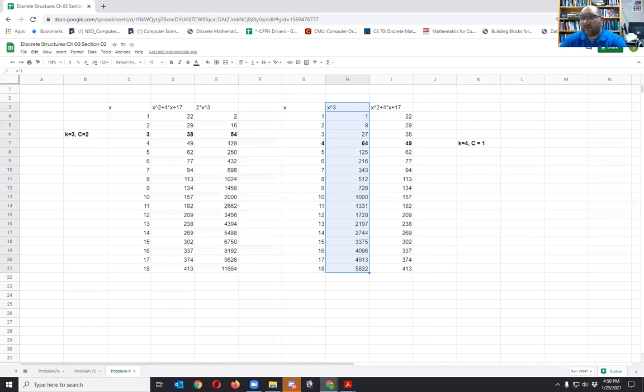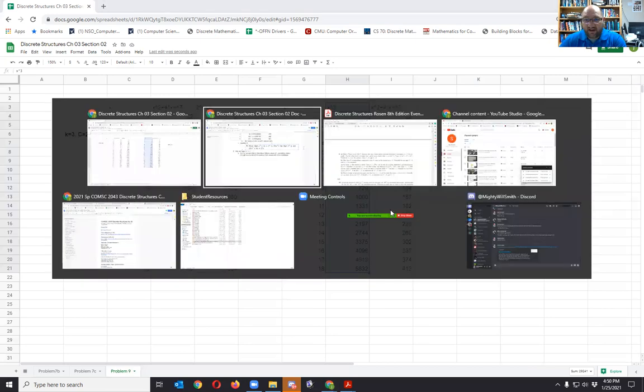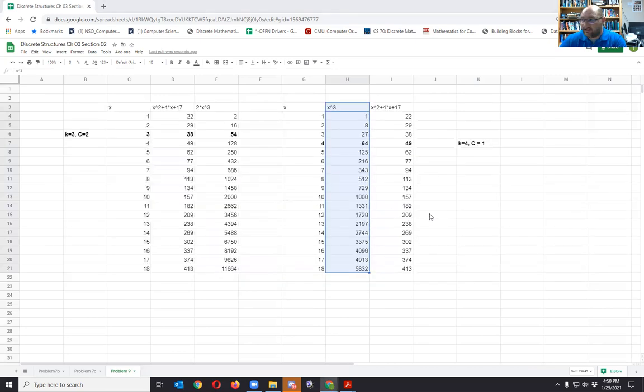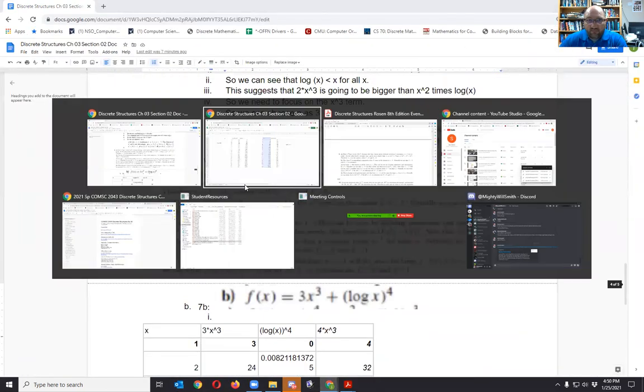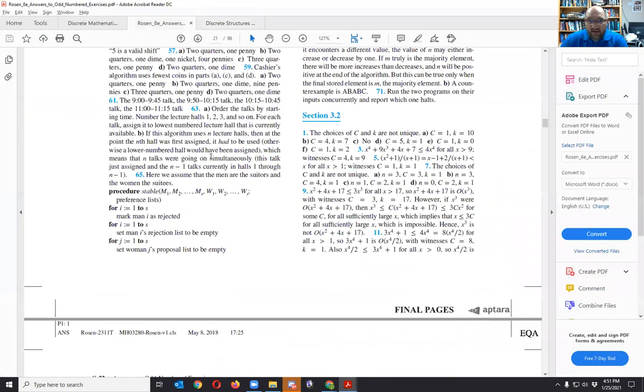So friends, let me just verify that the old man's not completely crazy. Drag this back. Oh, yeah, it's this one with the PDFs on it. Answers to evens. All right, so here's what they have to say. They say x squared is less than 3x cubed for all x greater than 17.